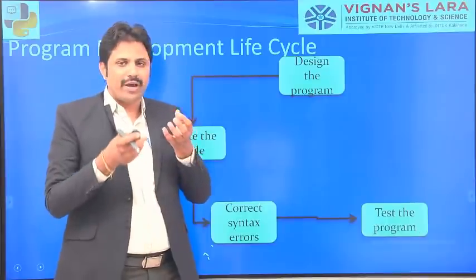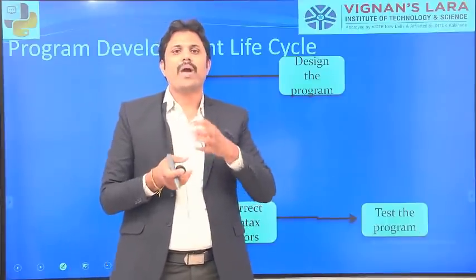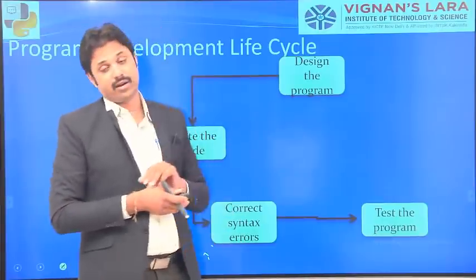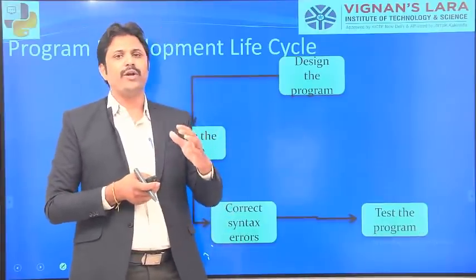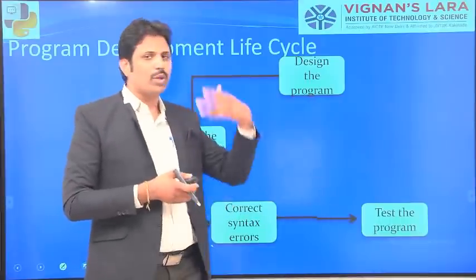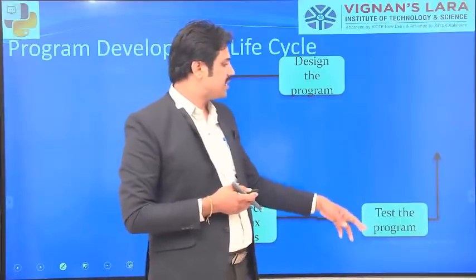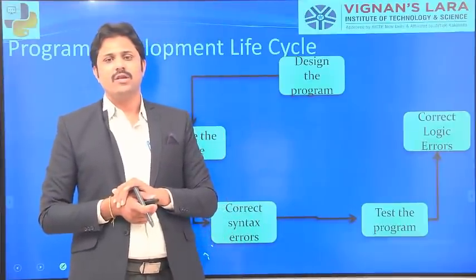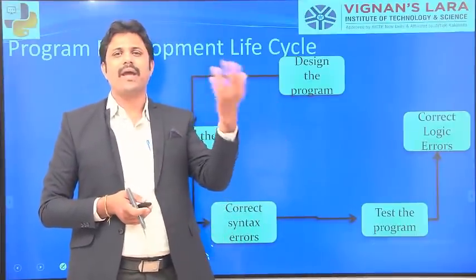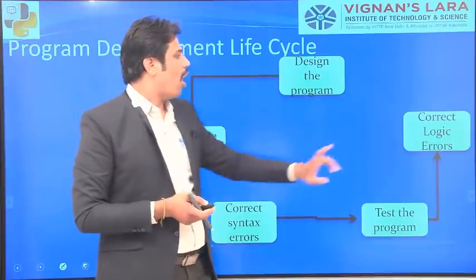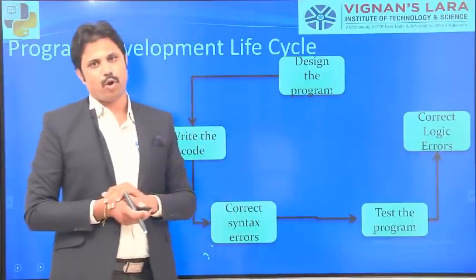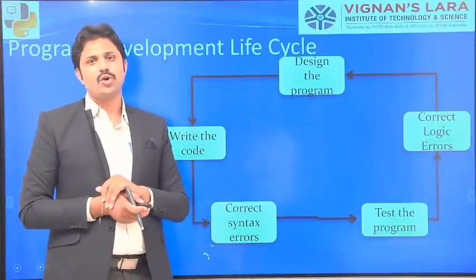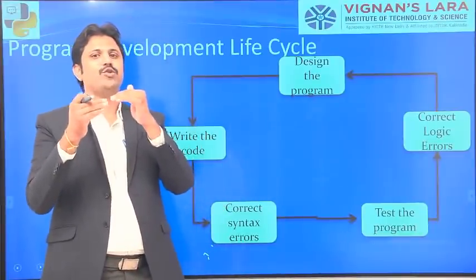You run the program in the outside world only after checking the error correction. When you introduce your code to the outside world, you may get some errors again. At the outside world they may get some problems. So again you have to correct those problems by designing again. So again you need to change your design.